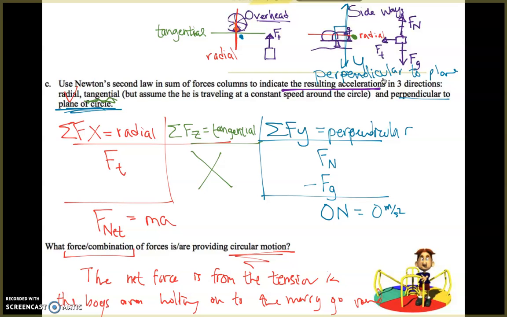So the boy's arm is holding on with tension to the merry-go-round, and it's pulling him in towards the center of the circle.